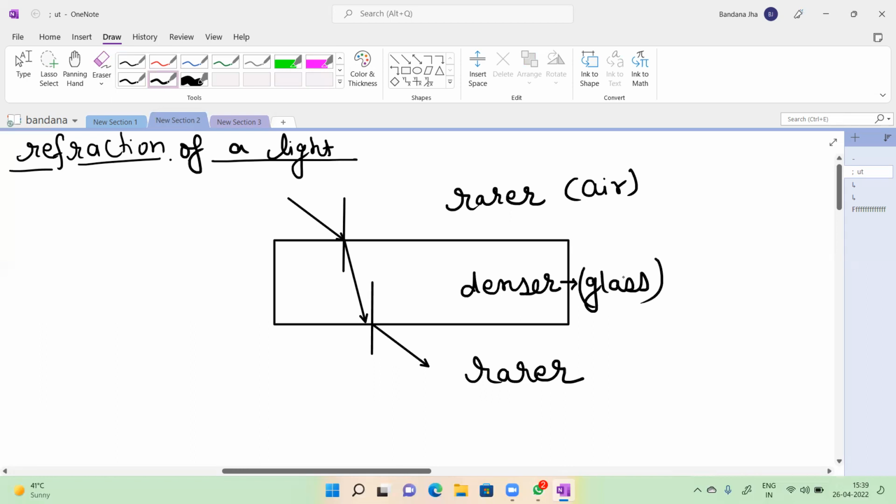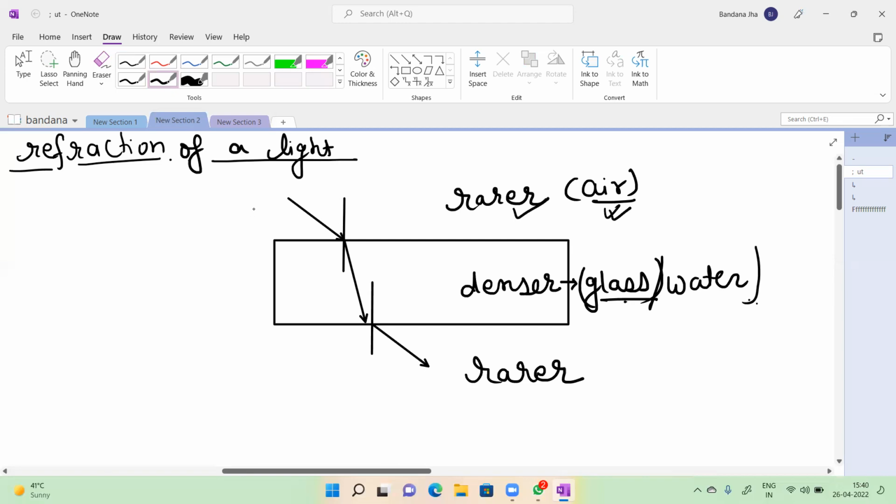Air is gaseous, so its molecular density is less as compared to glass. So air is known as a rarer medium, and the glass slab or water is known as what? A denser medium as compared to air.